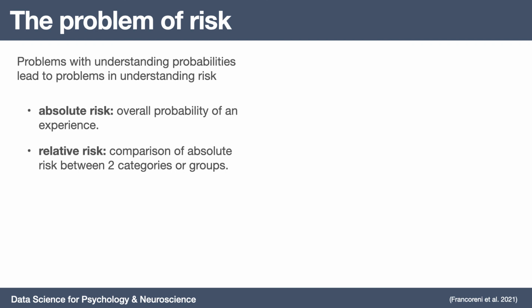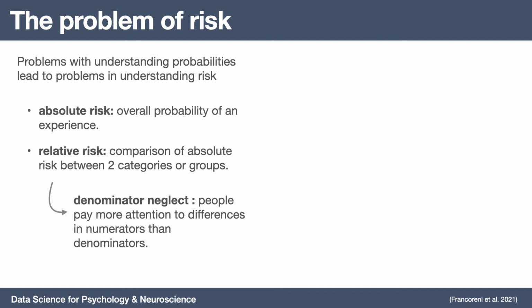However, humans have a problem which is known as denominator neglect. People pay more attention to differences in numerators than denominators, which leads to false senses of risk when using relative risk. So if one group has twice the risk of contracting COVID than another, people will assume that that group is twice as risky or twice as dangerous, when the base rate for contracting COVID might be 1%.